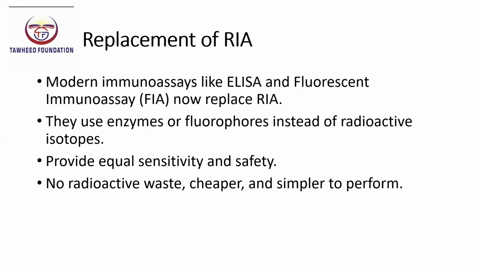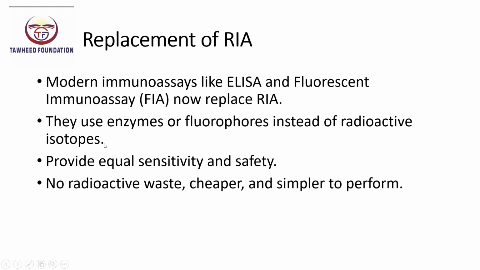Next is replacement of RIA by ELISA. Modern immunoassays such as ELISA, enzyme-based, and FIA, that is fluorescent immuno-based, have effectively replaced RIA. In these methods, the radioactive label is substituted with enzymes or fluorophores which generate measurable color or light signals instead of radiation.